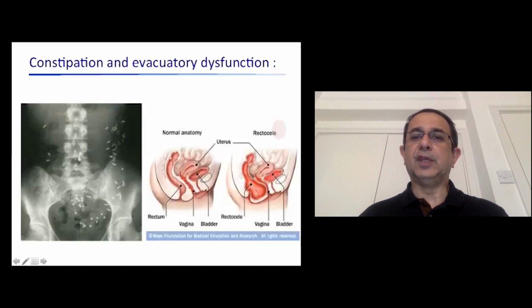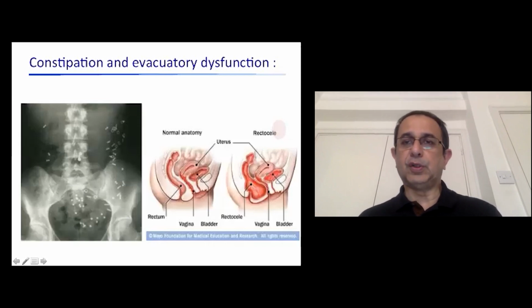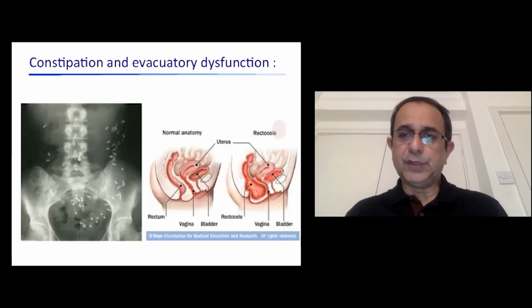You have the uterus and vagina in front, and patients with EDS tend to get a higher incidence of developing anatomical problems like rectocele. Rectocele is a pouch that forms in the rectum, and it can put pressure on the vaginal wall. And the problem that it produces is that it can trap stool within this pouch.